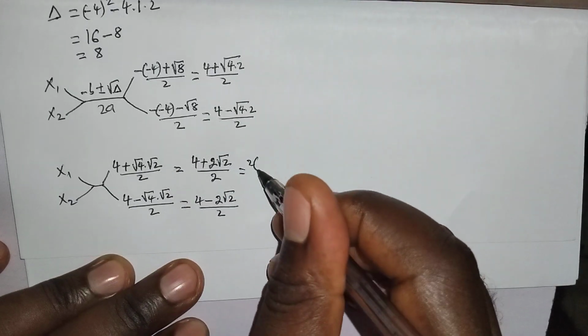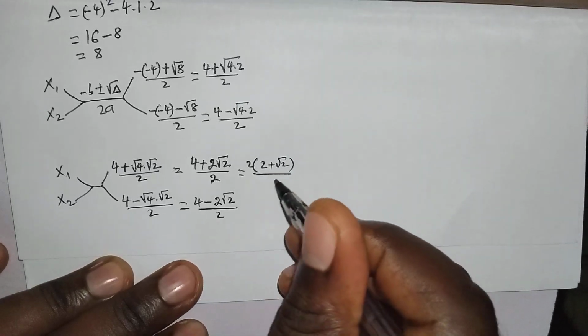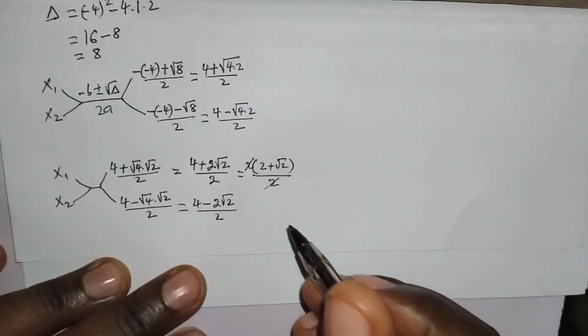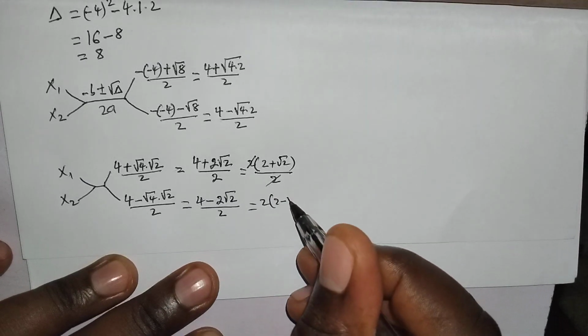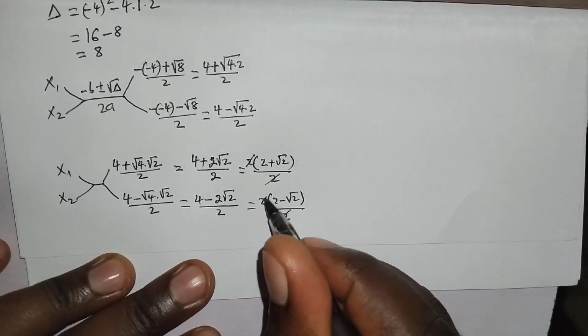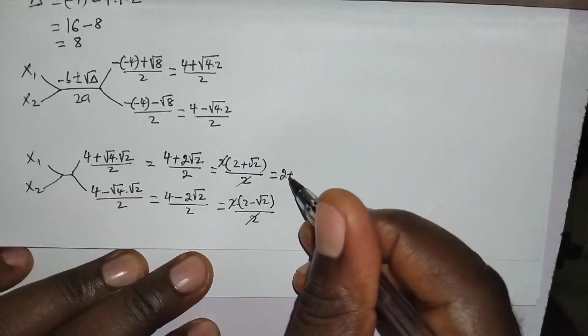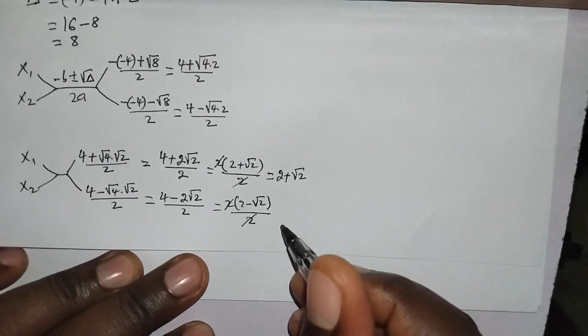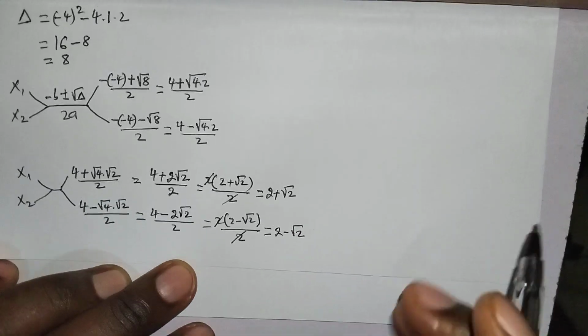Simplify: 2 plus square root of 2, and 2 minus square root of 2.